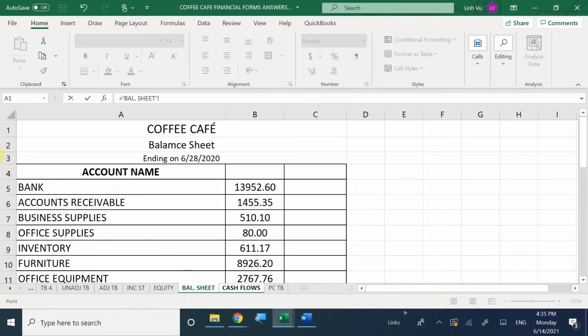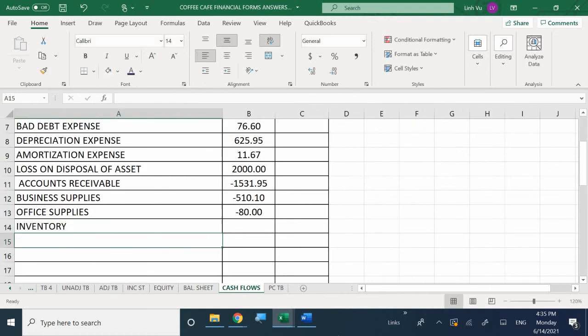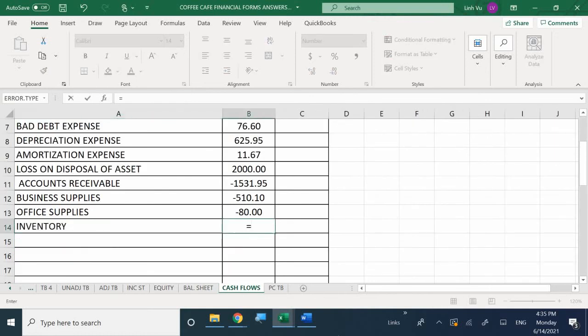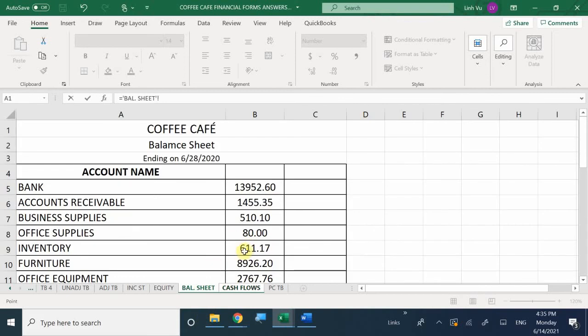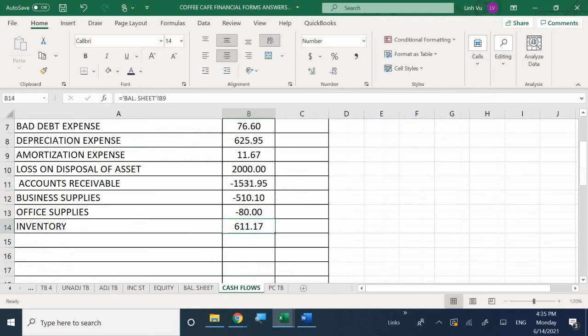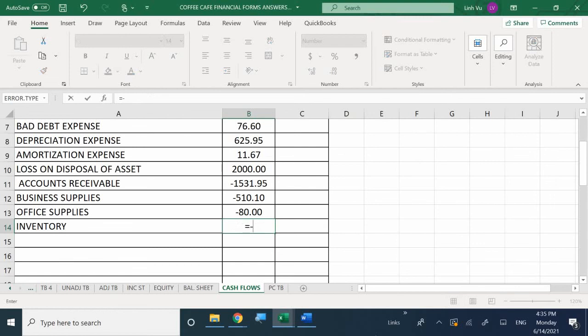Going back to the balance sheet, the next set of items here is inventory. Same idea here. I have a total of $611.17. However, I haven't sold it yet. It's not cash to me.